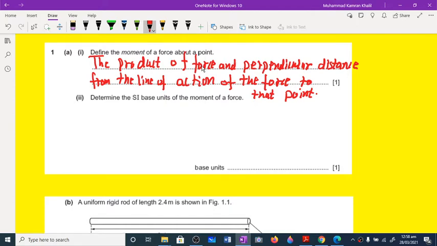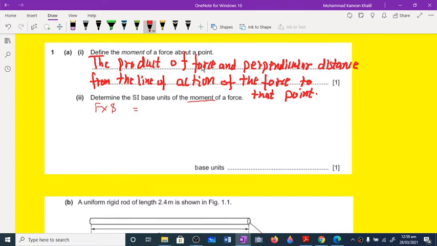Now, in the next question, determine the SI base unit of the moment. The majority of the students have written the SI base unit as Newton meter. That is wrong, so do not write down the base unit as Newton meter. For the moment, the formula is force into distance.